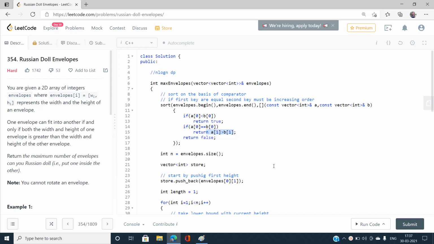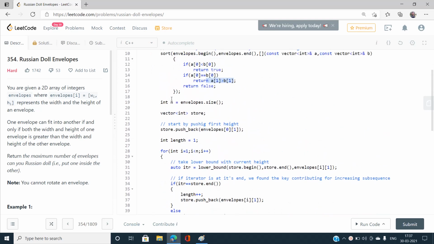Okay, so here we have taken the envelope size, and here I have taken a store vector. That is basically storing the longest increasing subsequence possible, or we can say, if you have iterated over the first i elements, the longest increasing subsequence possible up to the ith index. This is going to store the elements of the array.